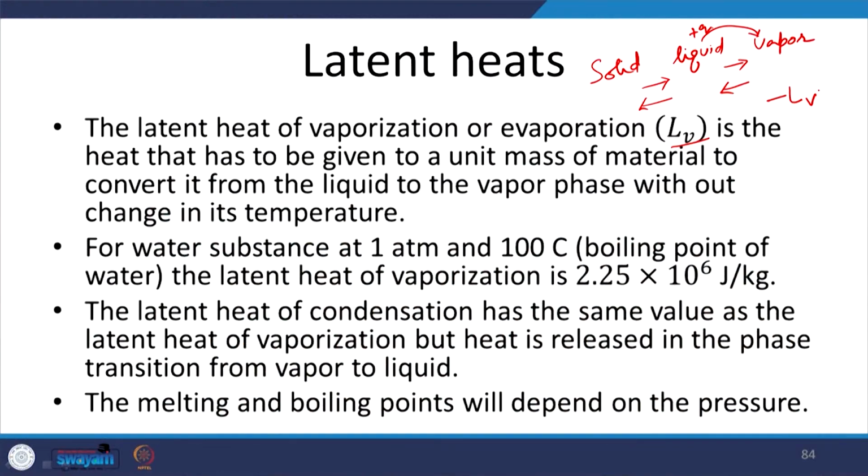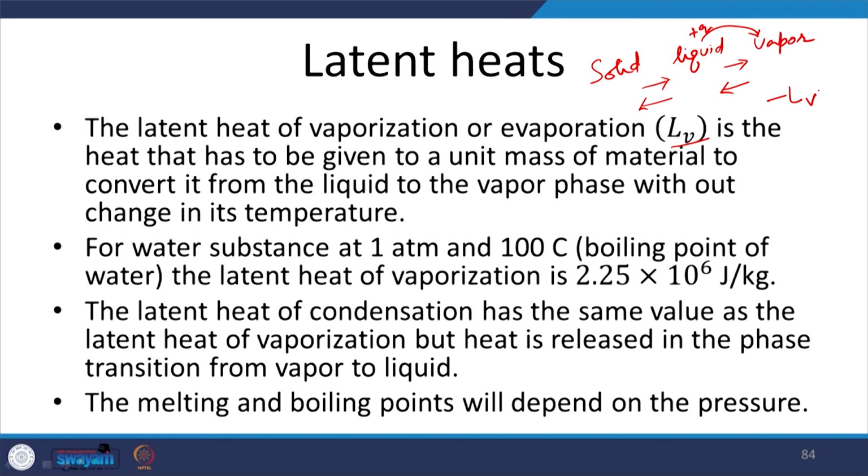So, the latent heat of vaporization or evaporation is the heat that has to be given to a unit mass of material to convert it from the liquid to vapor phase without any change in its temperature. For water at 1 atmospheric pressure and 100 degrees Celsius, we talk about boiling of water, just as we talk about freezing at 0 degrees Celsius, right.